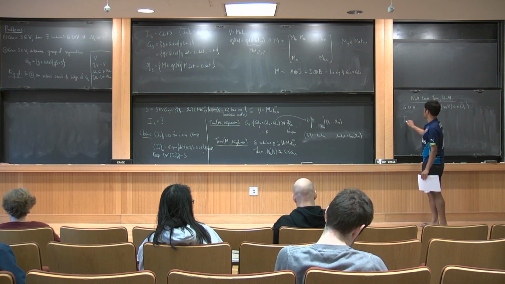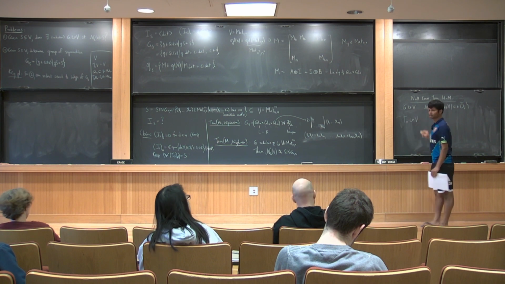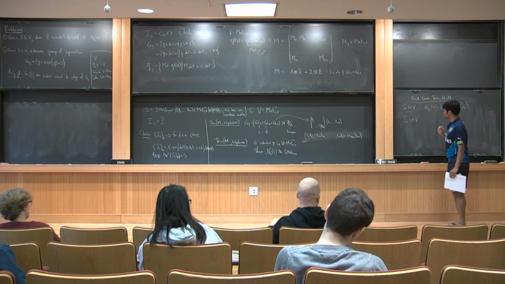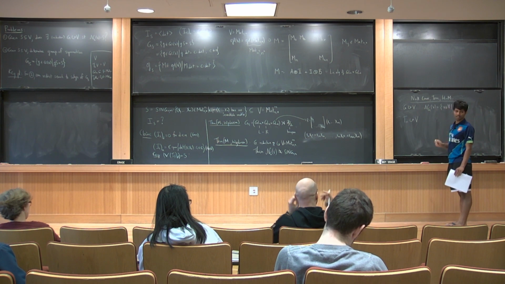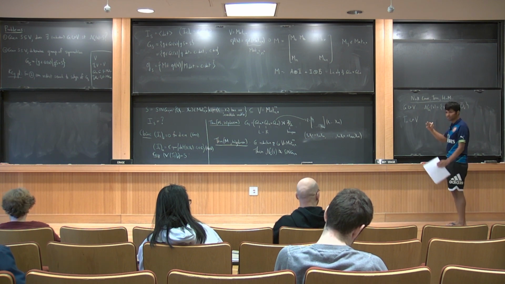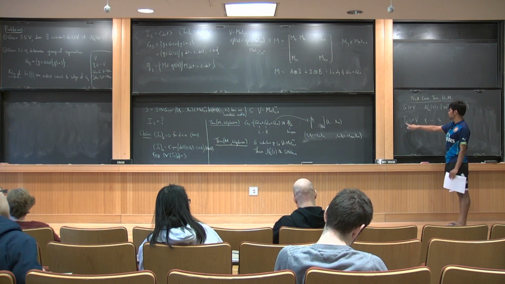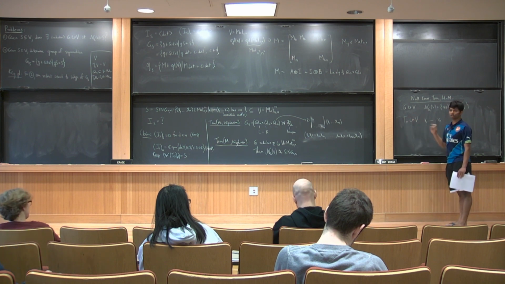Now suppose I had a torus acting on my vector space. Here's one thing that I said last time, and hopefully some of you remember it, and if you don't, this is the first time you're hearing it: you have a basis of your vector space for which the action of every element in my torus is diagonal.